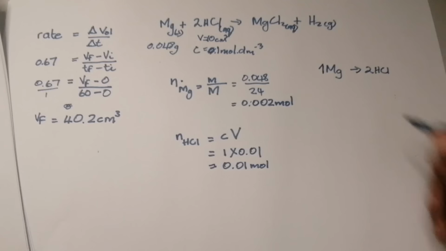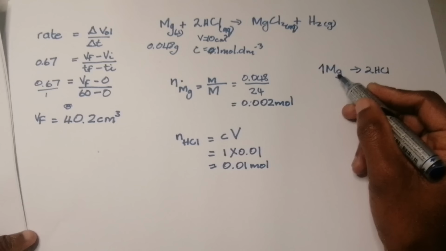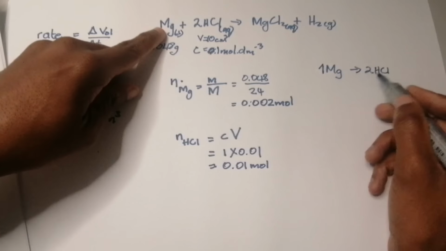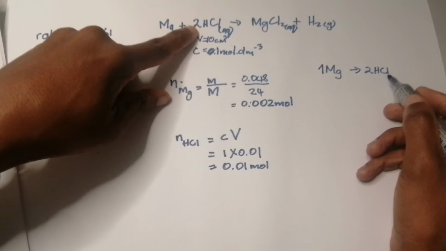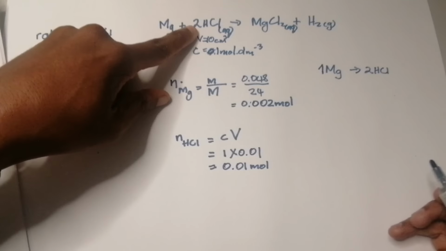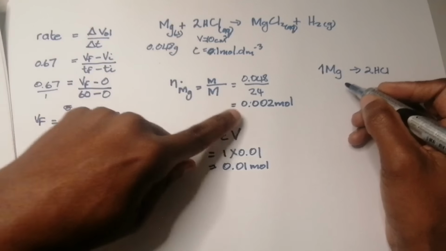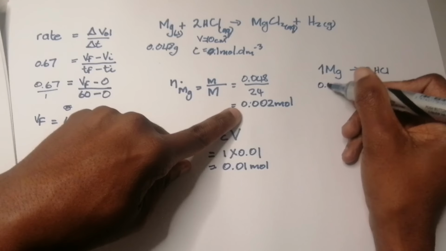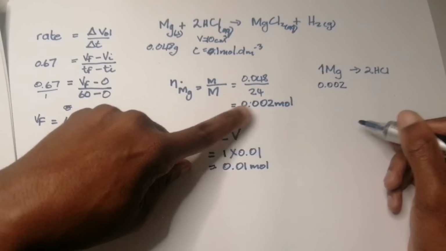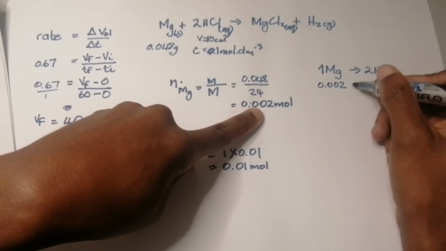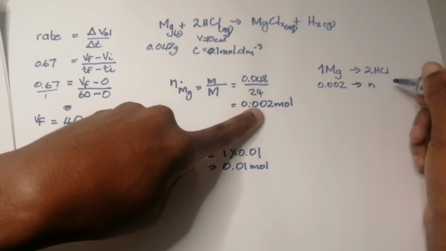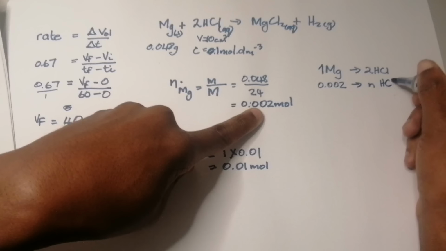You can only do that with moles, right? So for every 1 mole of magnesium, I will use 2 moles of hydrochloric acid. Now the question is, if I use 0.002 moles of magnesium, how many moles of hydrochloric acid am I going to use?